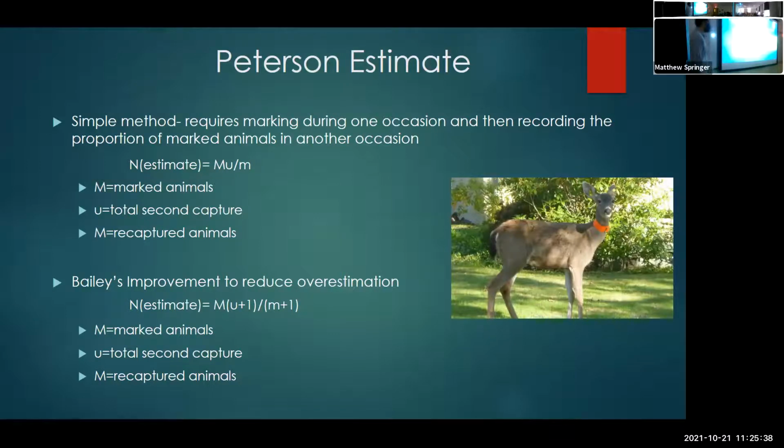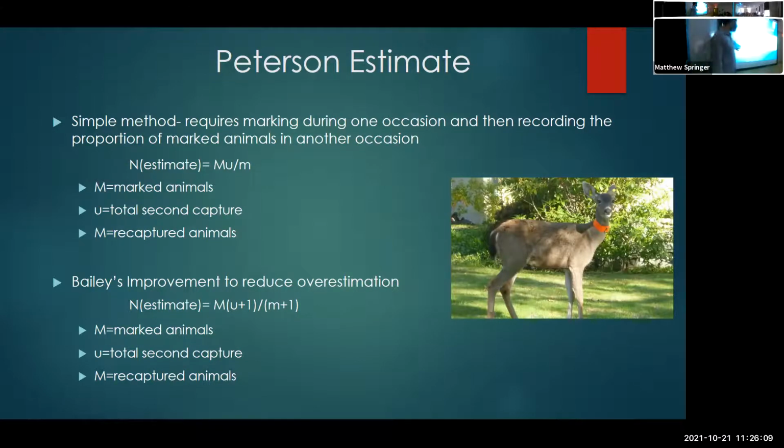So they quickly realized this, and the way this works in general in science is someone will propose a model, show it's effective in some manner, shape, or form, and then people will start using it and finding issues with it, and then they'll alter the model to deal with those issues. So the next step is Bailey's model, which is kind of to address that overestimation.